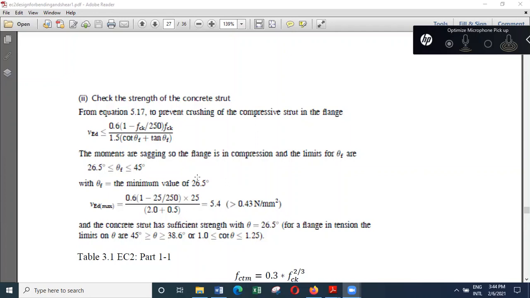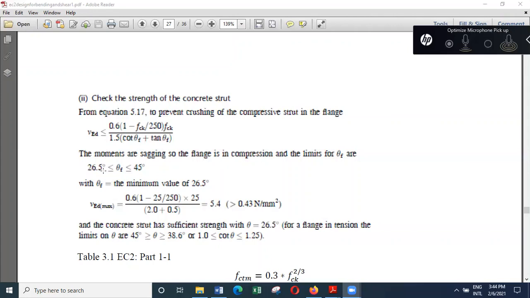But if the flange is in tension, it varies between 38.6 and 45. So it varies between 1.25 and 1. Whereas in this particular case, it varies between 26.5, which is cot theta is 2, to 1. So variation is 2 to 1. Earlier, the variation was 2.5 to 1.